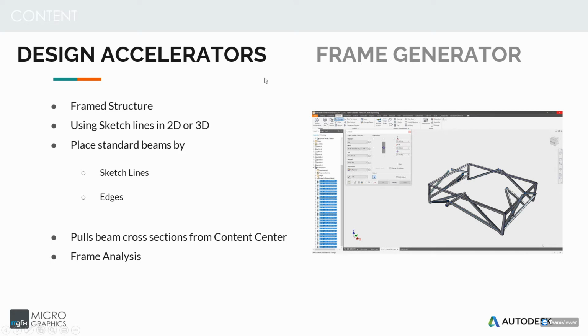Okay. The next design accelerator is under the frame tab, and it's known as Frame Generator. So what is Frame Generator? It is a tool that allows you to create a framed structure from simple sketches or a part.